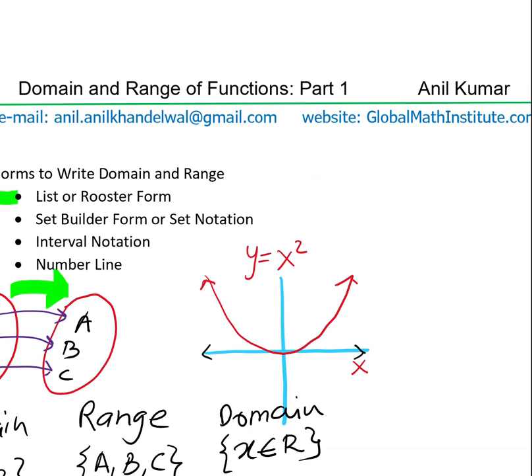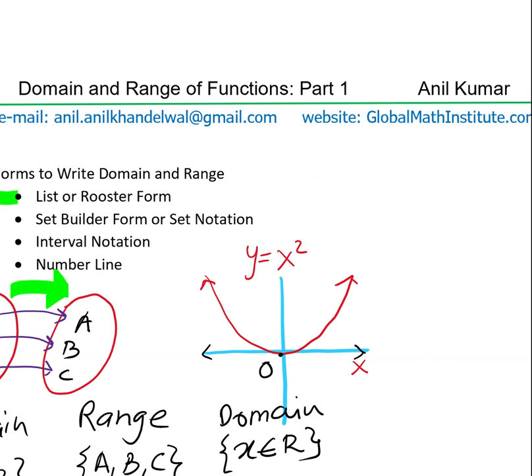So within these curly brackets, I am saying y belongs to real numbers. However, there is a condition, such that y is greater than or equal to 0. So this point is included, that is 0 for you. Do you see that? So that becomes your set notation.